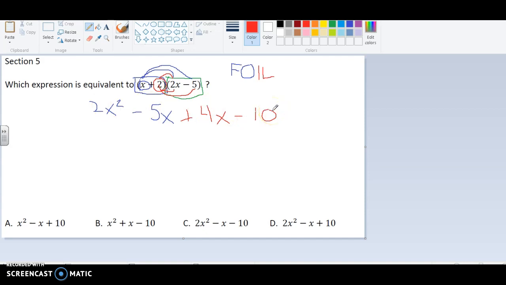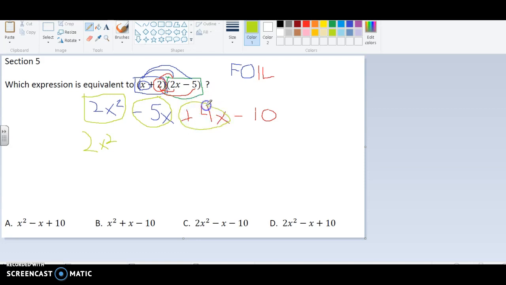And now all we have to do is simplify. Lime green sounds fun. So I've got 2x squared here. I shouldn't have any other x squared terms, so I'm going to leave that be. It'll just be 2x squared. Then I've got this -5x here and a positive 4x in the middle.